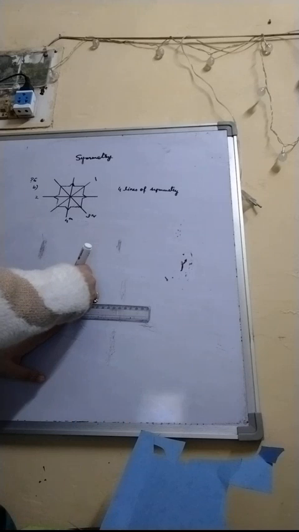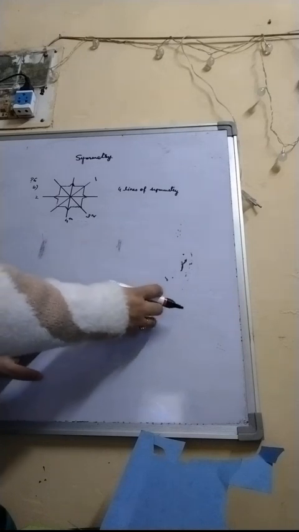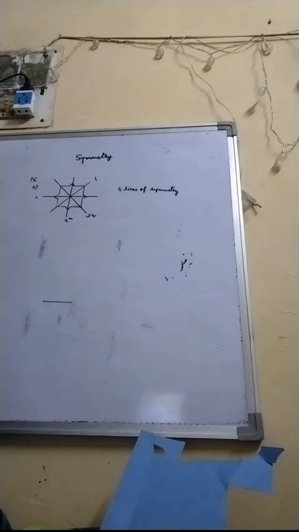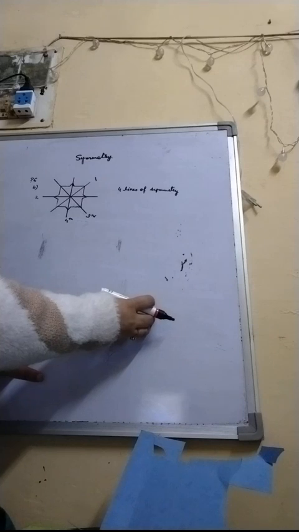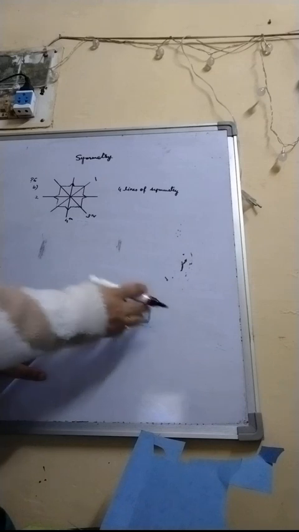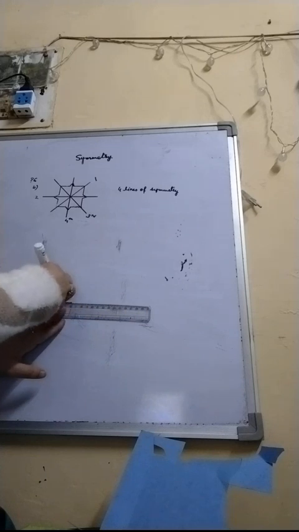First, a 5 centimeter base. Then what would we do? It is a 5 centimeter base. We would take the midpoint of the side.